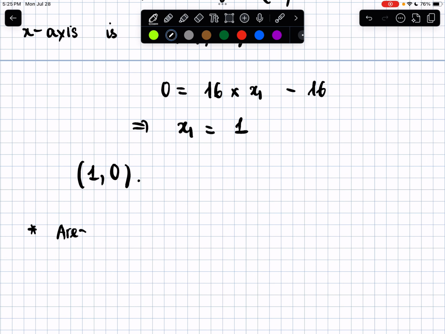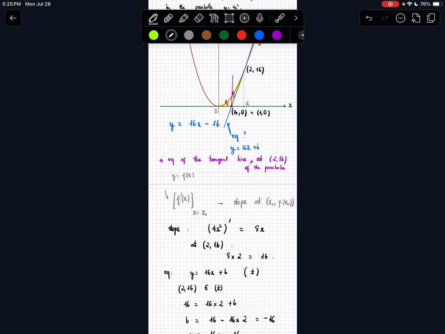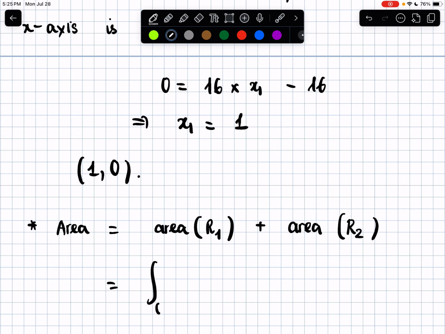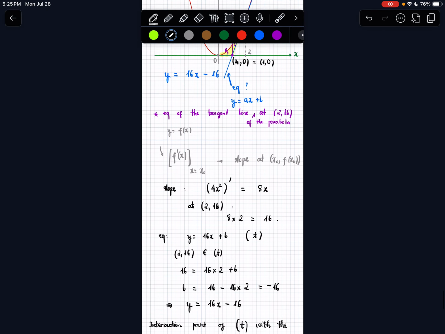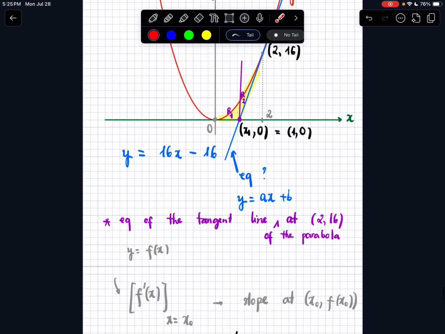Now we'll compute the area of the yellow part. The area is the area of region 1 plus the area of region 2. The area of region 1 is the integral from 0 to x1, which is 0 to 1, of the red minus the green. The red is 4x squared, and the green is the x-axis, so y equals 0.